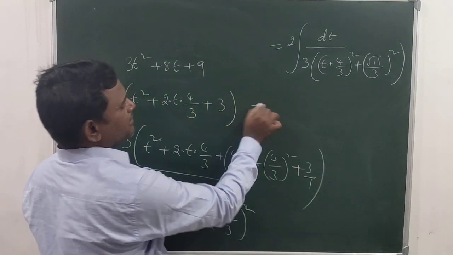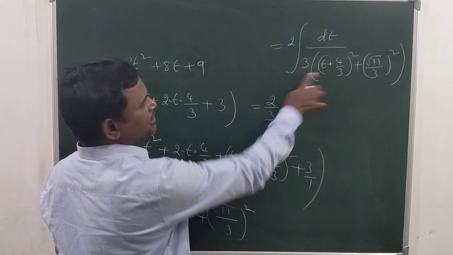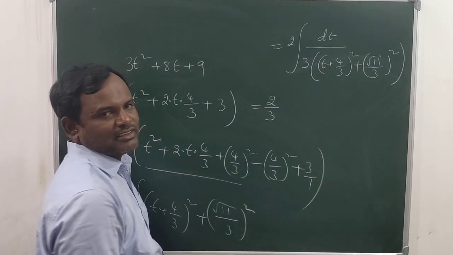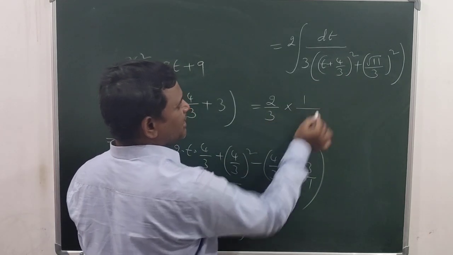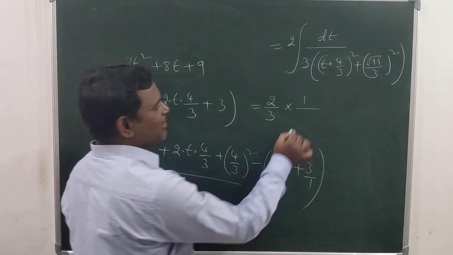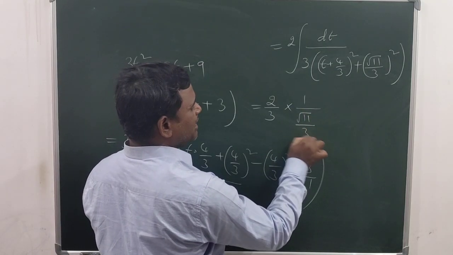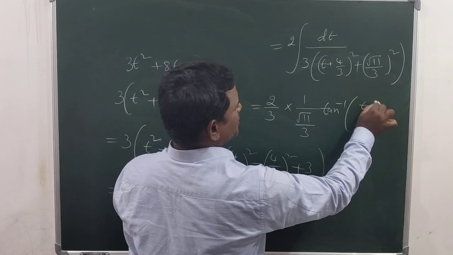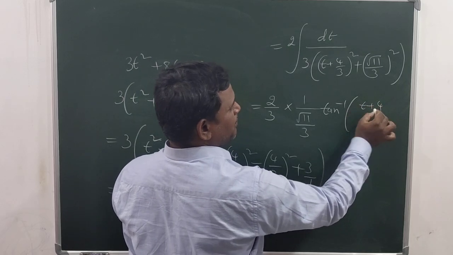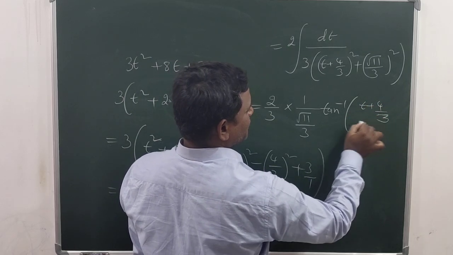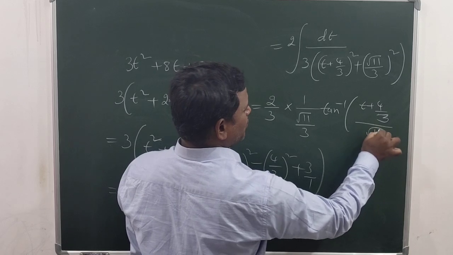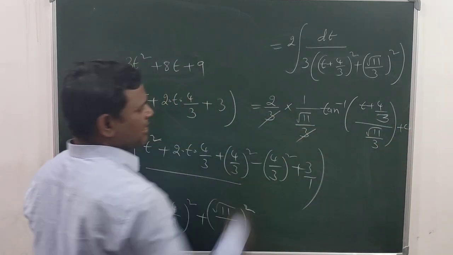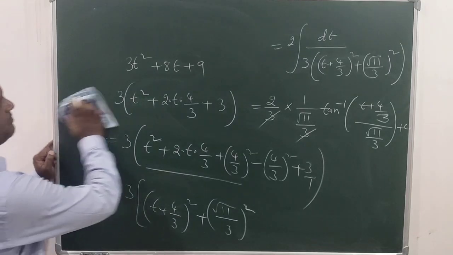Okay, integrate it. 2 by 3, which looks like x square plus a square. Apply that standard result formula. 1 by a, value root 11 by 3, tan inverse of x by a. So in the place of x, t plus 4 by 3 is there, by root 11 by 3, plus c. 3 cancel.